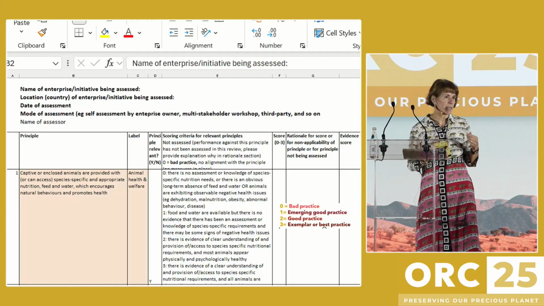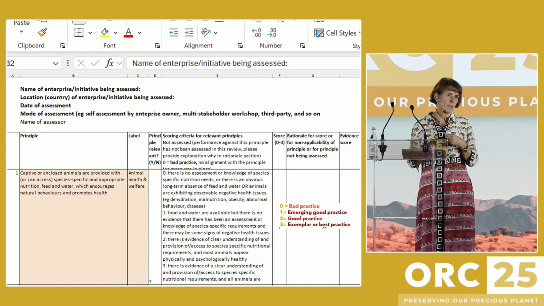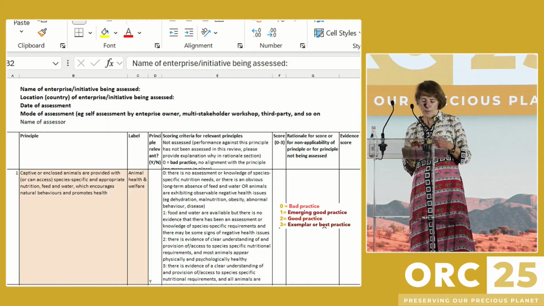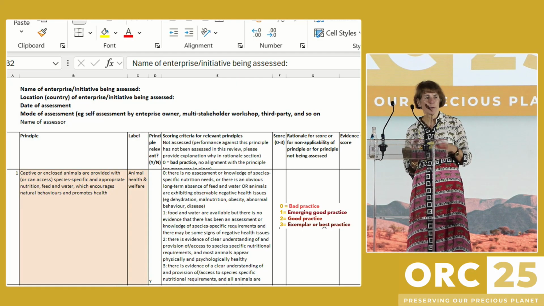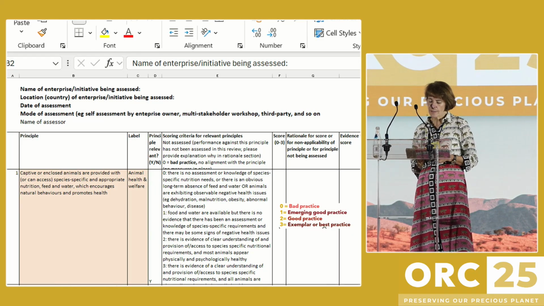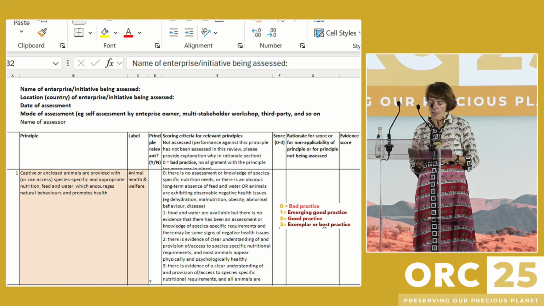And these refer to things like freedom from hunger, freedom from fear, availability of shelter, and so on. So the first 4 of them relate to provision of appropriate food and nutrition and water, provision of appropriate shelter, stocking densities and group composition that allow for natural behaviors, and appropriate treatment of sick animals.